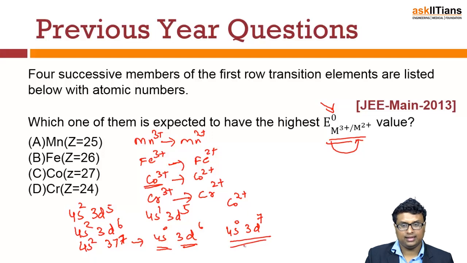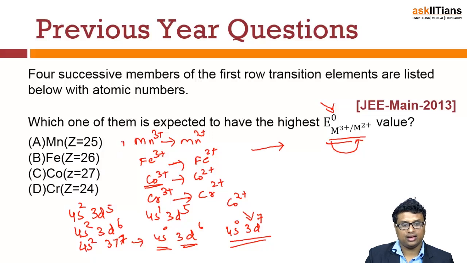Since you are adding an electron to this 3d, the reduction values are actually increasing along the period for the same type, right?